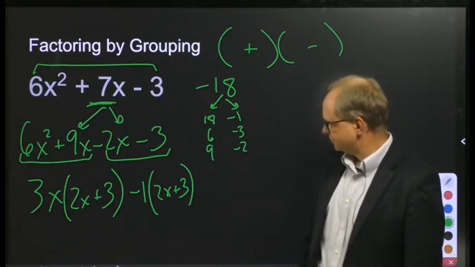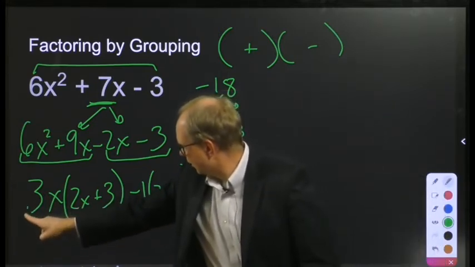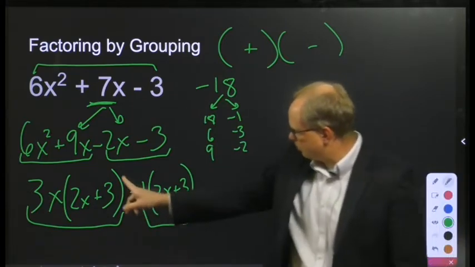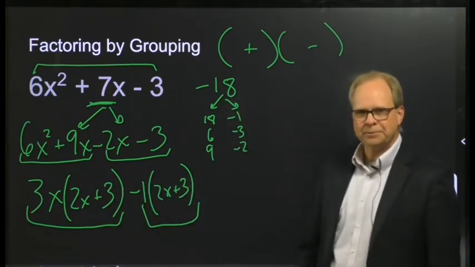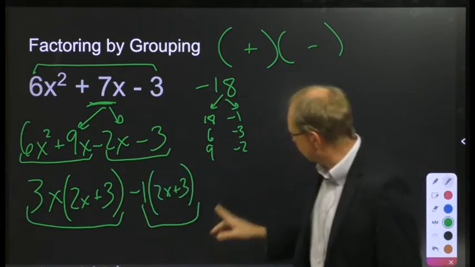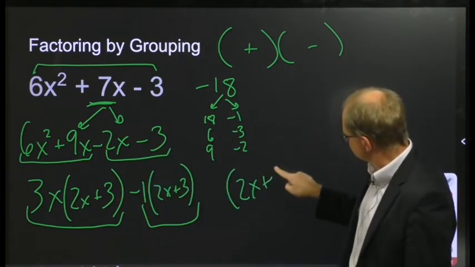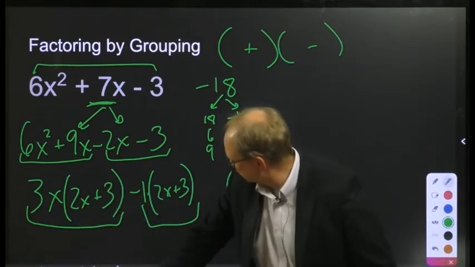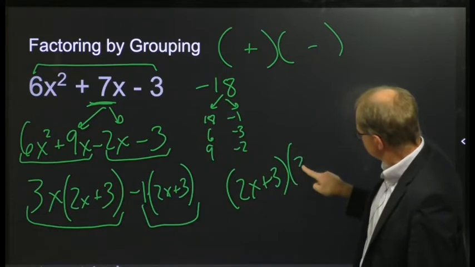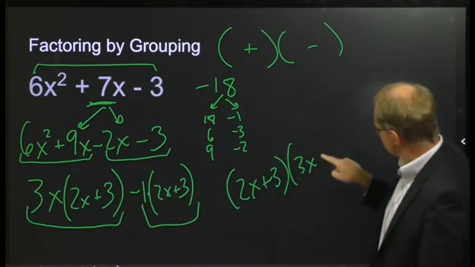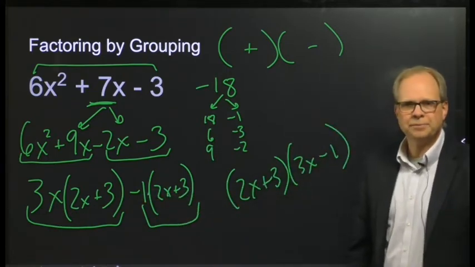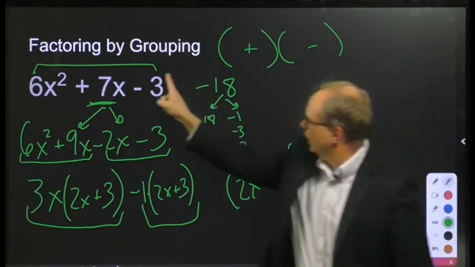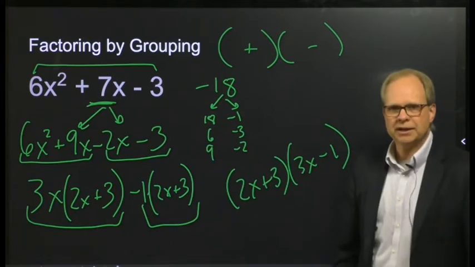Now notice that both terms have this 2x plus 3. We can factor out the 2x plus 3 from each one. If we factor out a 2x plus 3 here, we're left with a 3x, and then the other one, minus 1. This right here is the factored form of this quadratic trinomial.